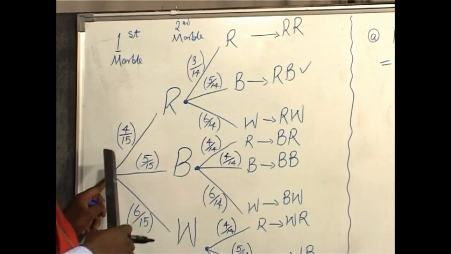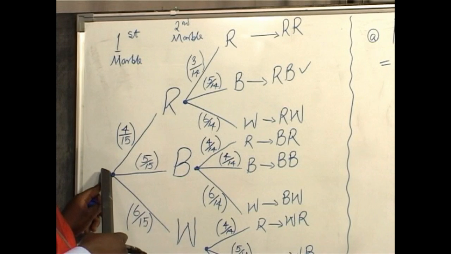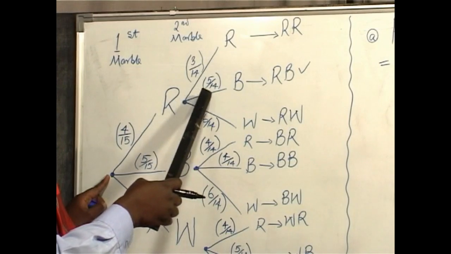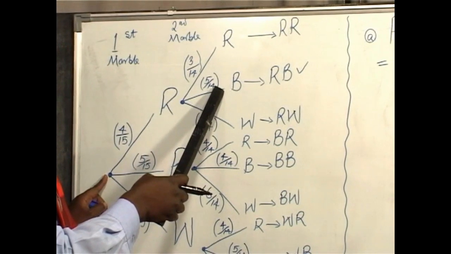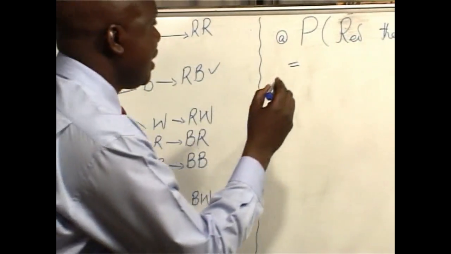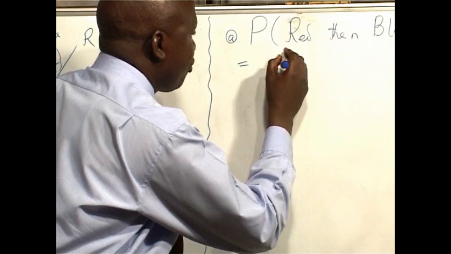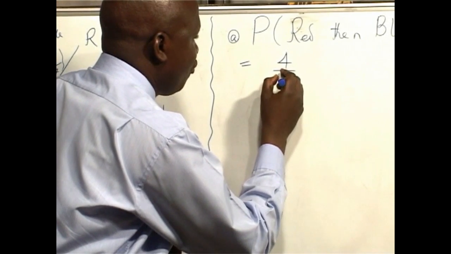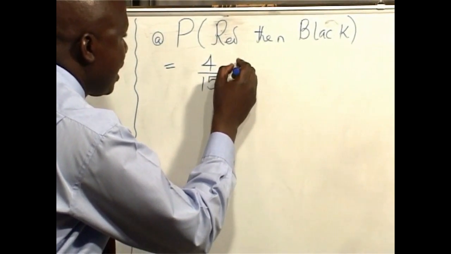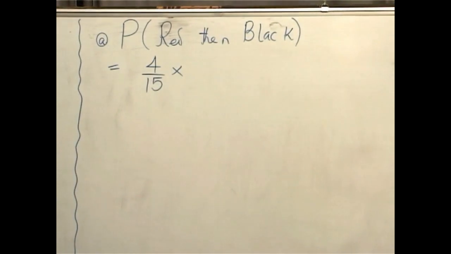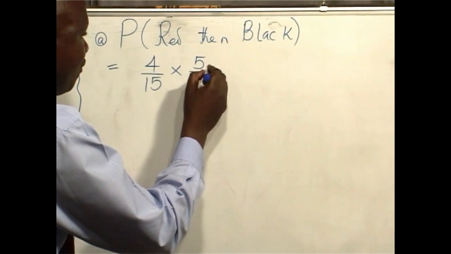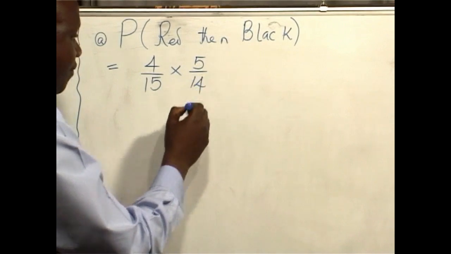As we move, we are going to move through the probability 4 over 15 and 5 over 14, meaning the answer will be the product of the two probabilities that we have moved through. So 4 over 15 and, implying multiplication, 5 over 14.